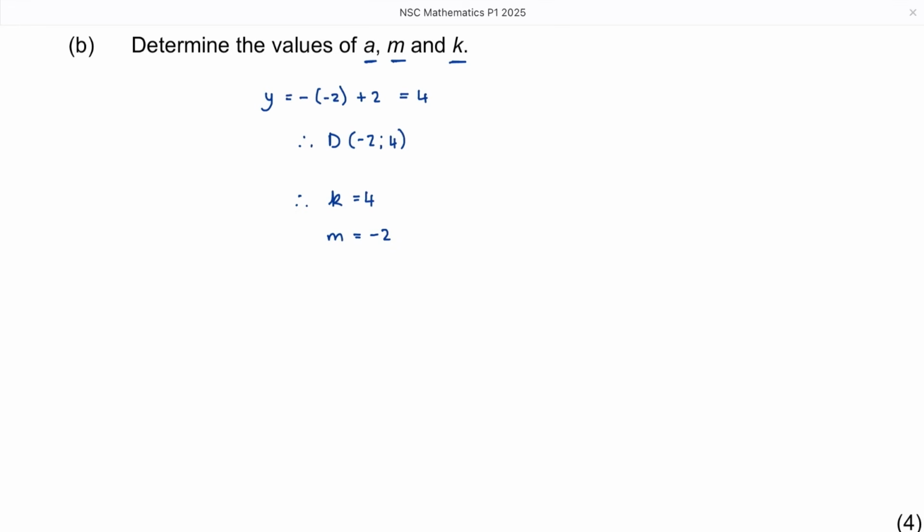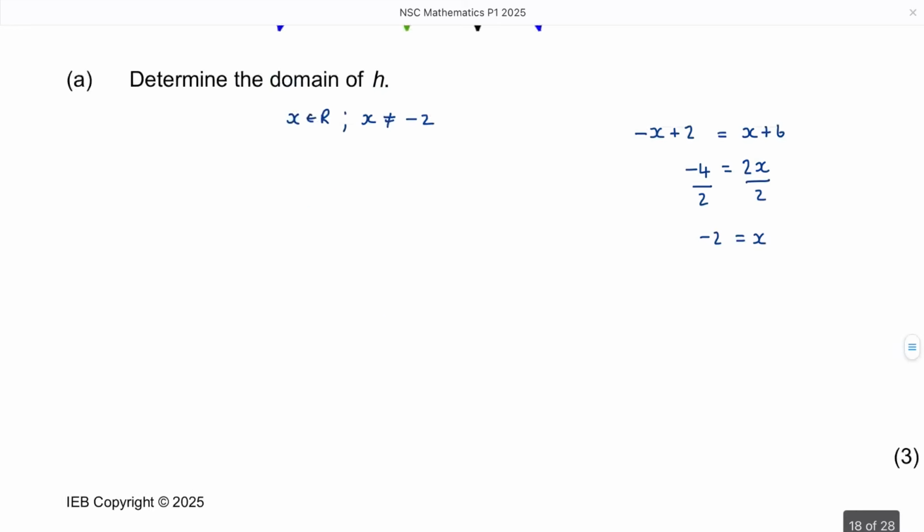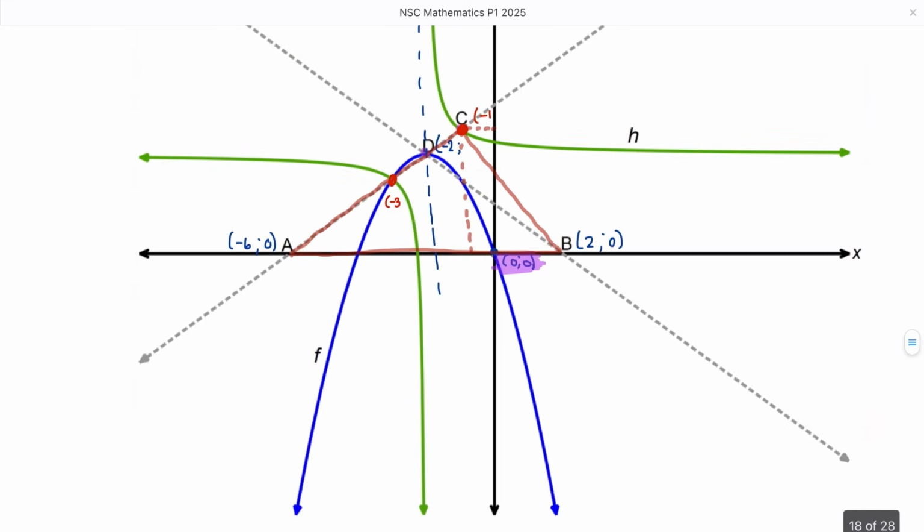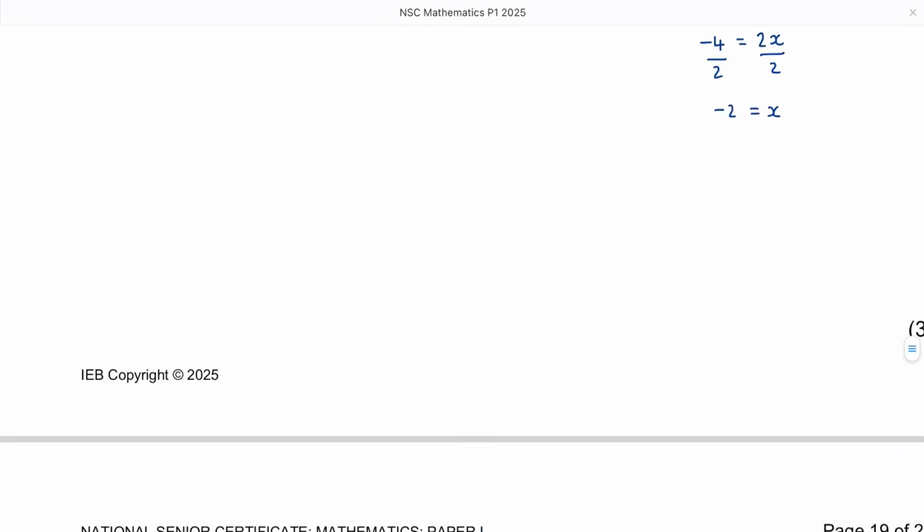The last part that we need to now calculate is the value of a. So when we substitute these two values into our equation, we are going to get plus 2 and plus 4 at the back. We now need to sub something into the place of y and x. That means we need a coordinate. And if we go back to our diagram, we will see that the only coordinate that we have is 0 and 0, the origin.